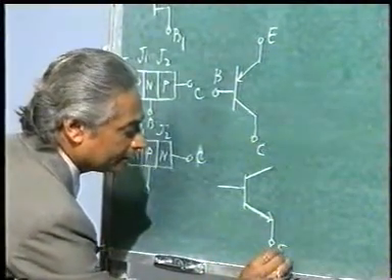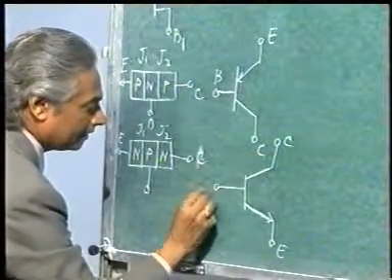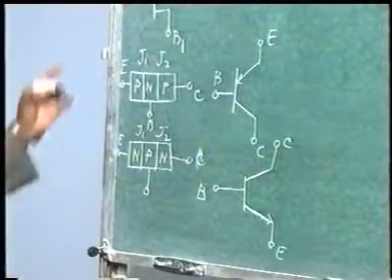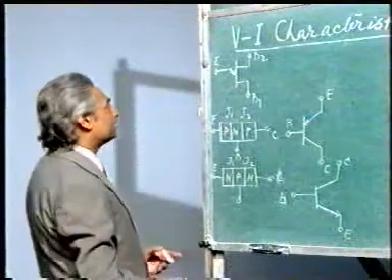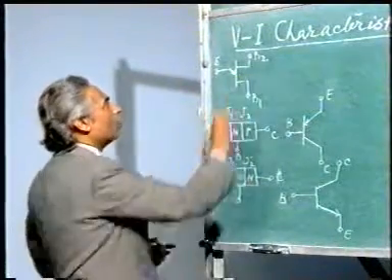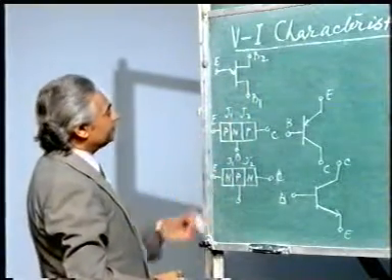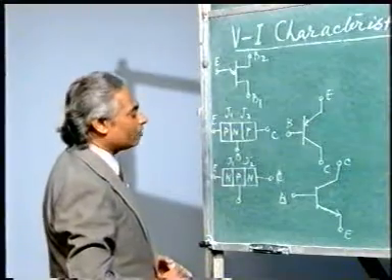This is emitter, this is collector and this is base. So clearly the difference between the two is that the UJT has only one junction, hence it is known as uni-junction transistor, and these have two junctions, that is why they are known as bipolar or bijunction transistors.